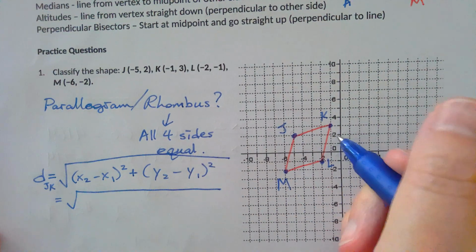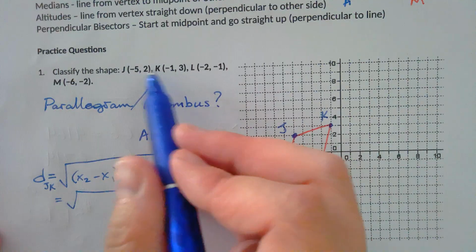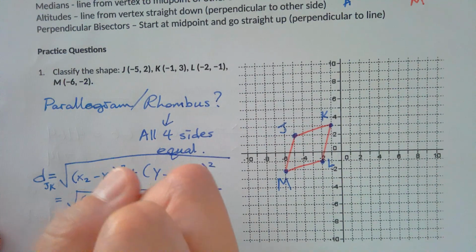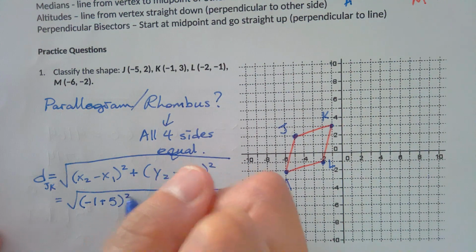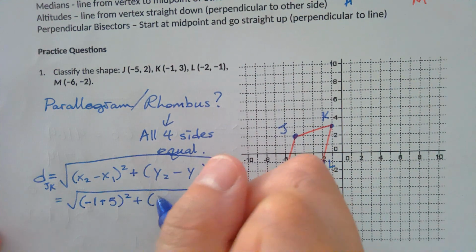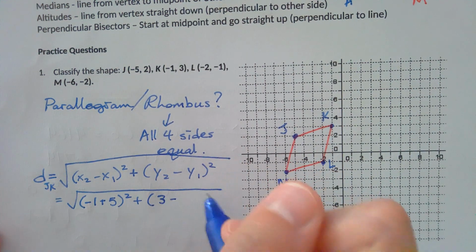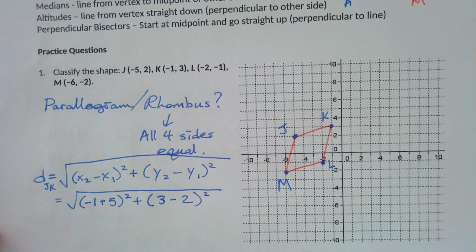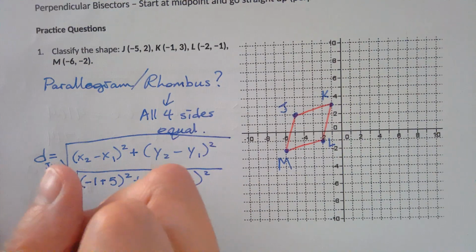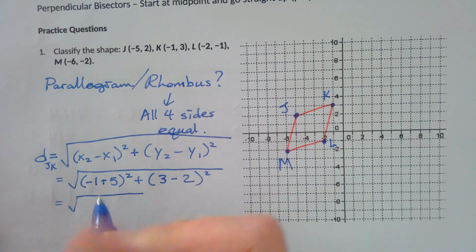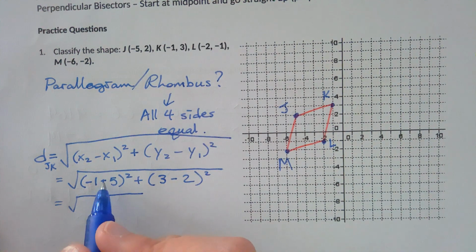Okay, so let's say I'm doing JK. So -1 minus -5. And then 3 minus the 2.